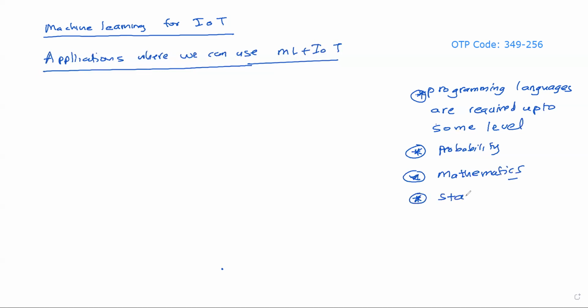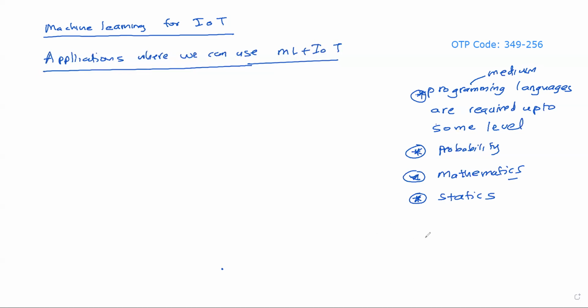You require a combination of all these skills. So programming knowledge can be just medium. It's okay that you are not an expert; you can use very simple programming languages to implement the machine learning algorithms.